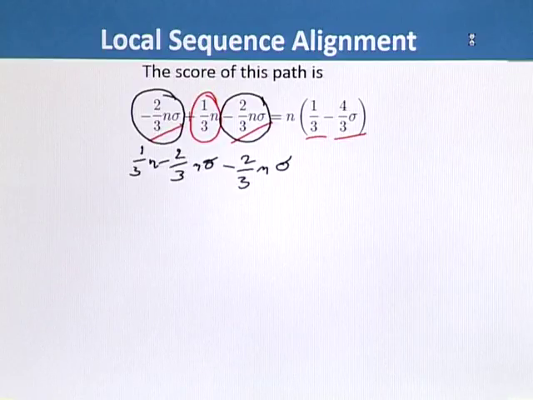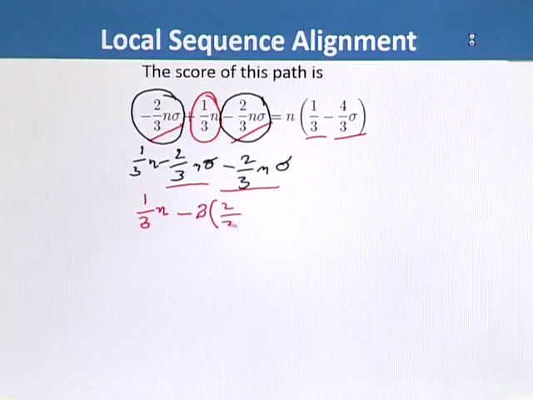Here we can see that these two are common values. So the next step will be 1/3 n. Because these two values are the same, we will write 2, and in the bracket we will write this value 2/3 n sigma. So this is again the same representation of this one, 2/3 n sigma.